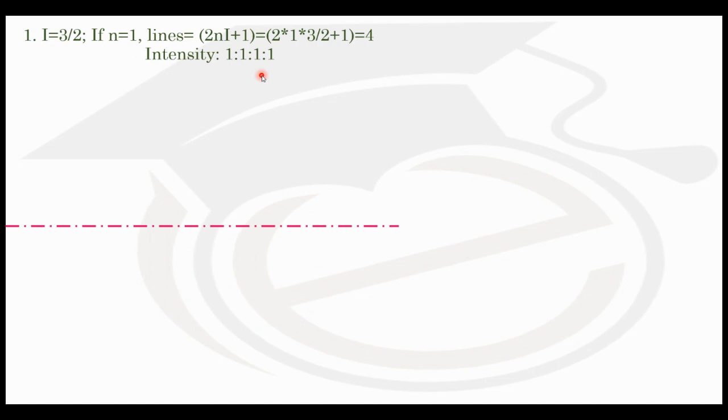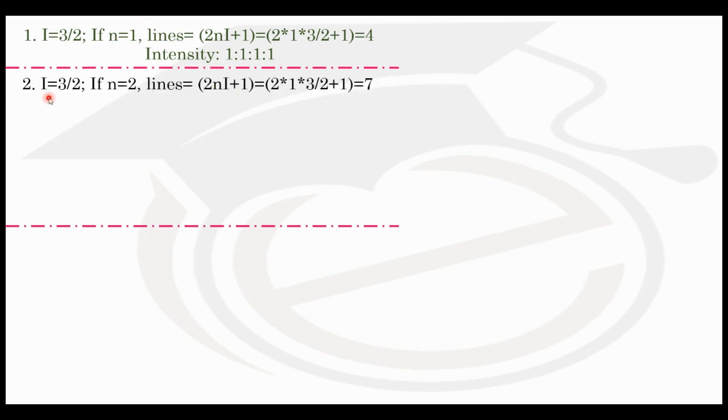Now we have to calculate the other one. When I equal to 3 by 2, if n equal to 2, the number of lines will be 2 into 2 into 3 by 2 plus 1, that is 7. I wrongly wrote the 1 here, so you replace it with a 2. Now we have to find out the intensity.